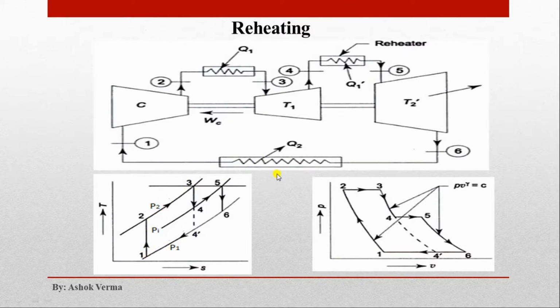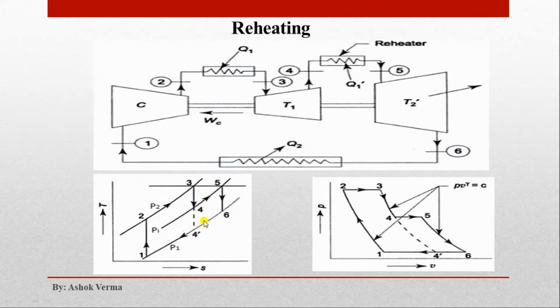Here we will see, if we expand the air in a single stage, then the process will be from 3 to 4 dash. So your work output will be the area 3, 4 dash, 1, 2 and 3. But if you expand these gases in more than one stage with reheating, then you will find this extra area. So you will get this extra amount of work done from the turbine.